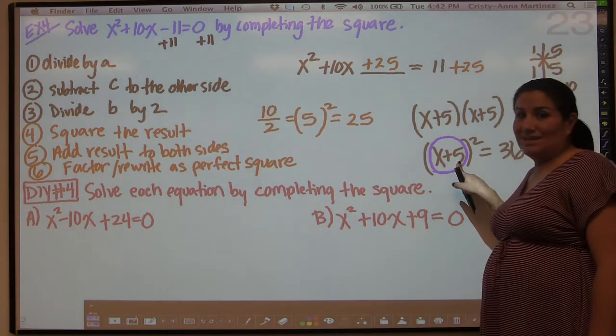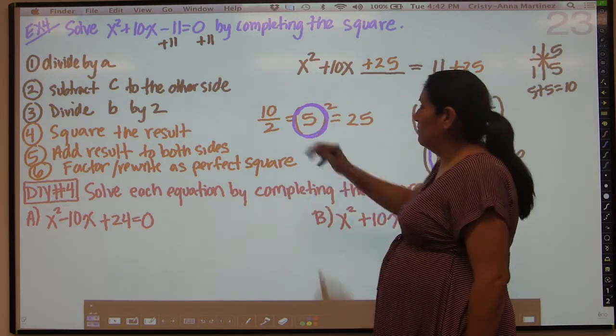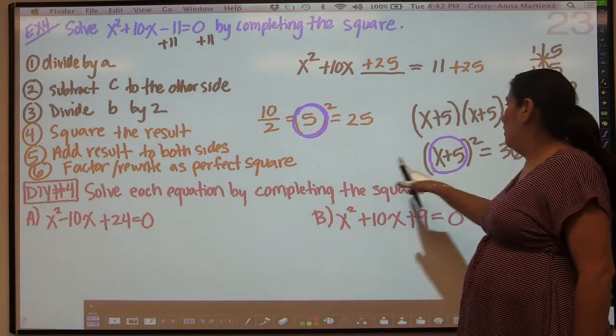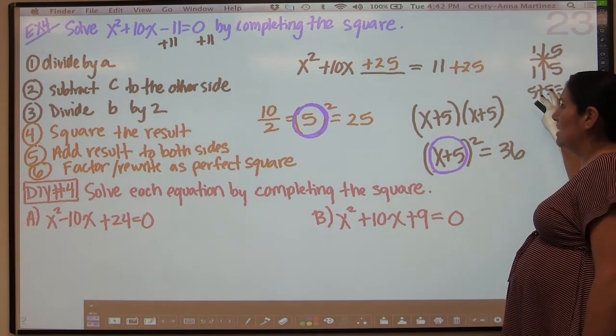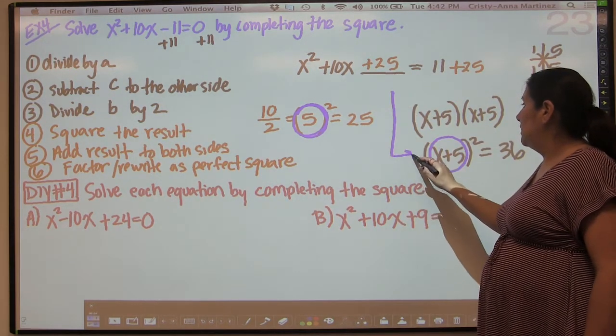And it's no coincidence that that same number is this number after you divide it by 2. So whatever this number is, that will always be this part in here. So you can actually skip the factoring phase and go straight from here to here.